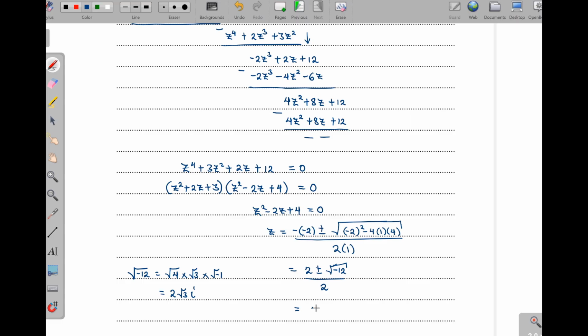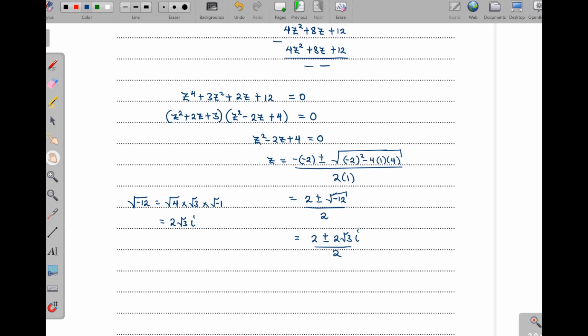So I'll have 2, then plus or minus 2 root of 3, i. Then out of what? 2. Now that 2, of course, is going to reduce these ones here. And then we shall have 1, then plus or minus root of 3, i. So I conclude, and then I say other roots.